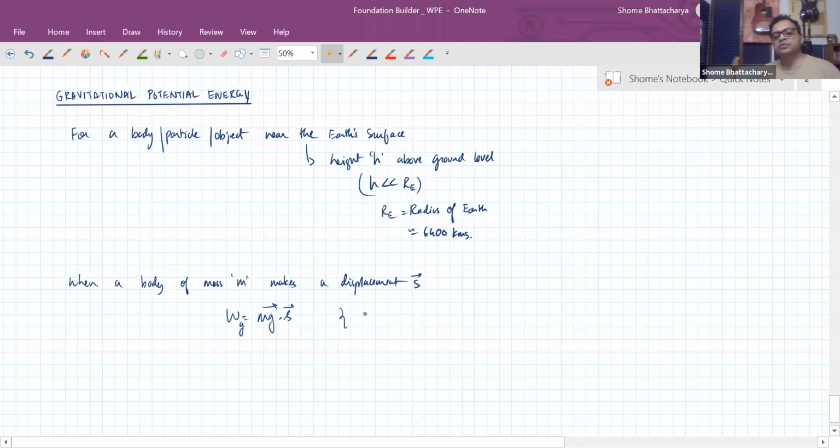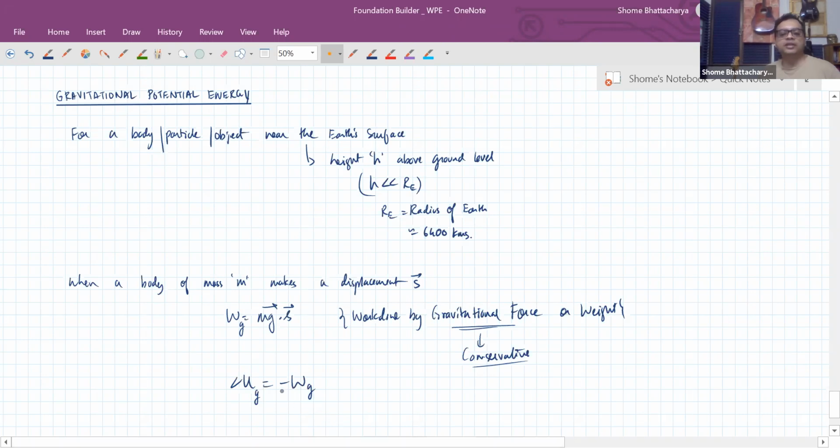This is work done by the gravitational force or the weight, what we commonly call weight. Now this is a conservative force. So like for any conservative force, we'll define delta U as negative of work done by the internal conservative force. So here delta U will become negative of work done by gravity.